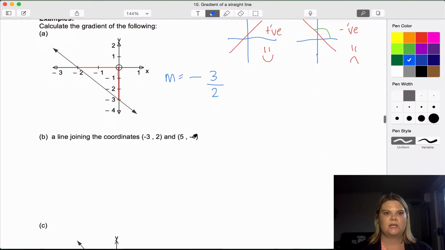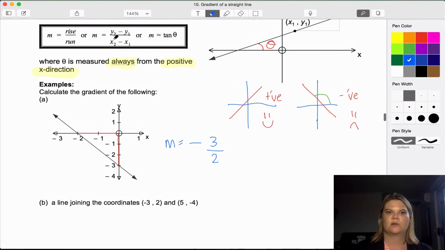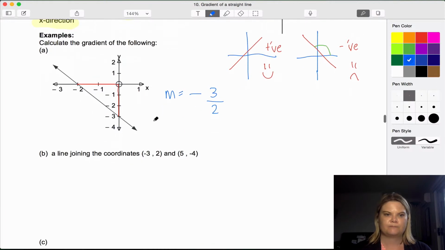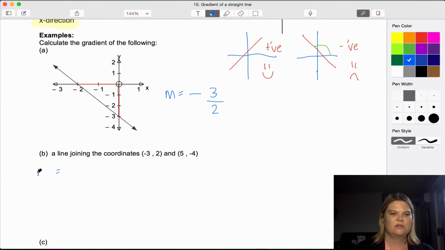Question B, a line joining these two coordinates. So really good example for y2 minus y1 over x2 minus x1. So we'll start by writing the formula, not y equals, m equals, and make sure it's a little m. Big M means midpoint, little m means gradient. m equals y2 minus y1 over x2 minus x1.